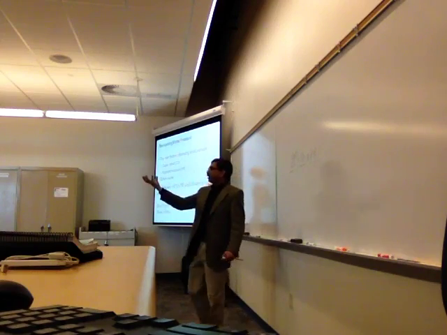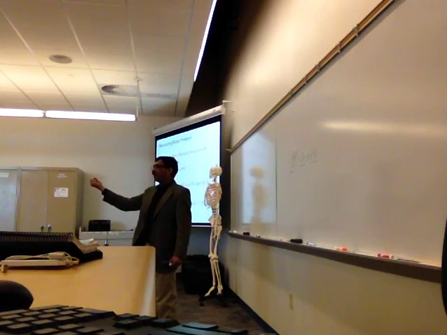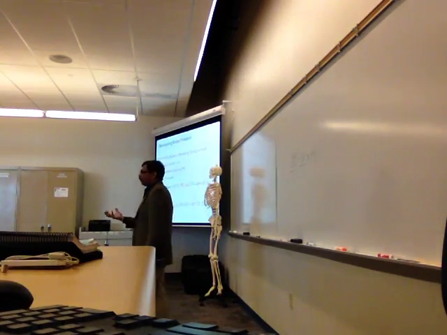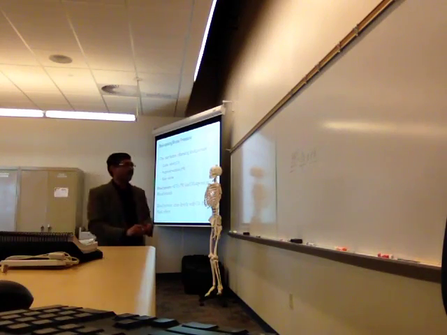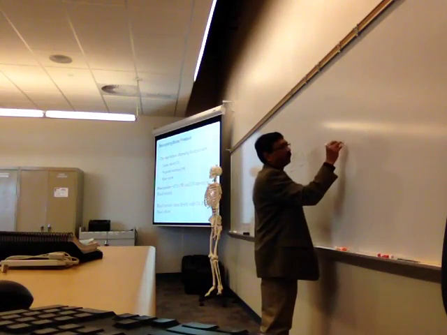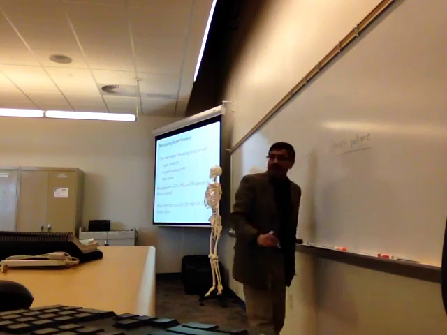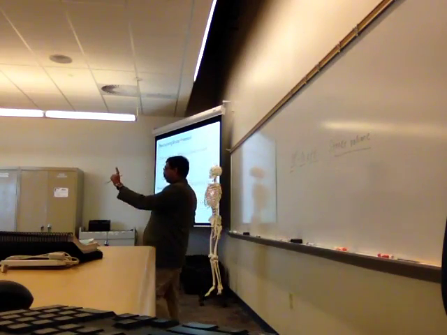Then what is the amount of blood that comes out from the heart in one contraction? That is called the stroke volume. So stroke volume is the amount of blood, stroke volume, stroke, you know that, right? Stroke volume is the amount of blood that comes out from the heart in one beat, one contraction.